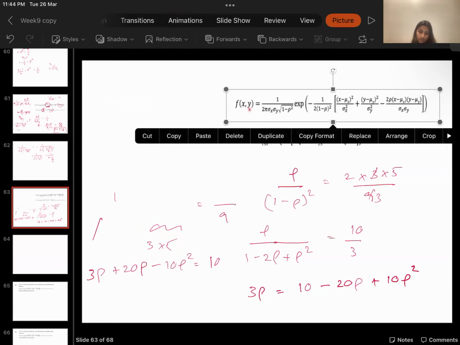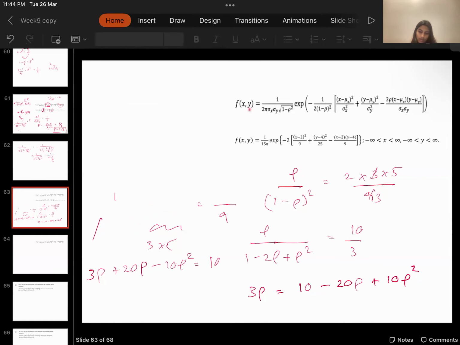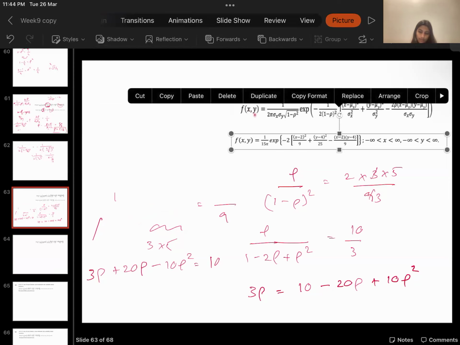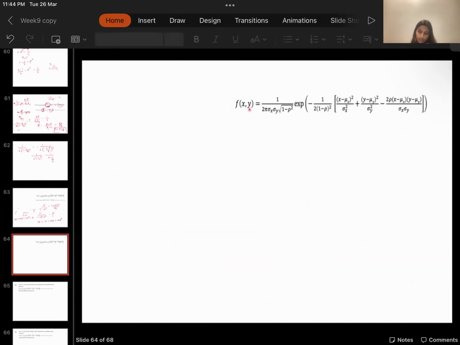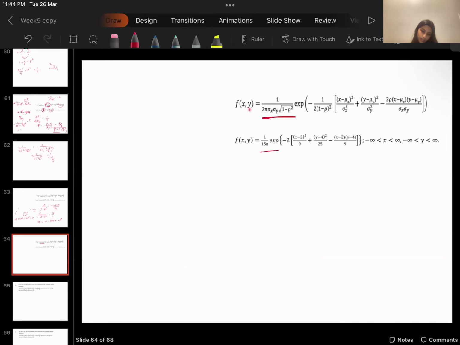Just copy this. This is the easiest to calculate from.